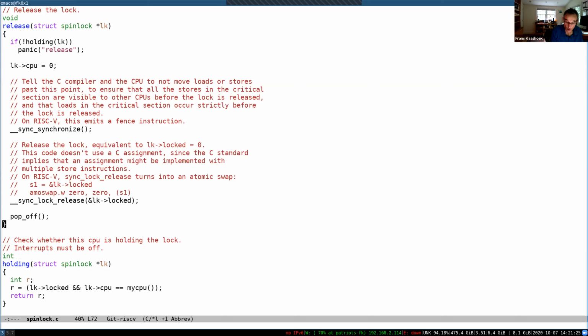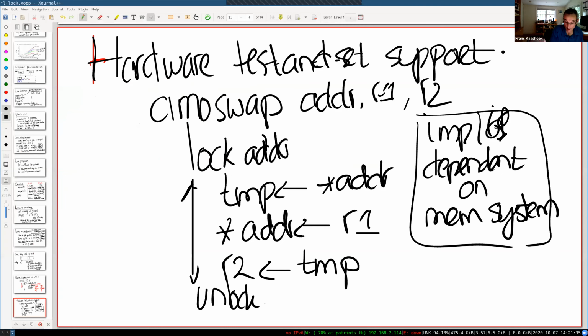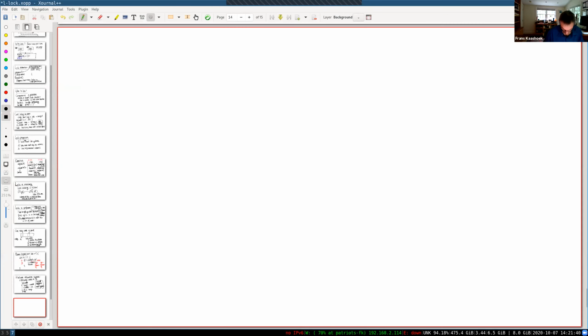Okay, there's one more subtle thing in this implementation that I want to talk about, and that we need to deal with. And that is memory ordering.